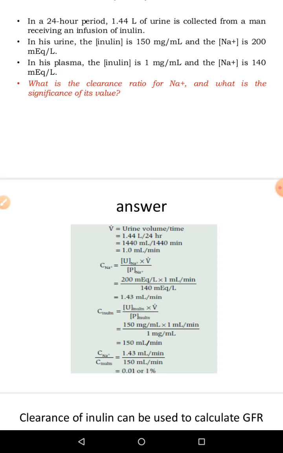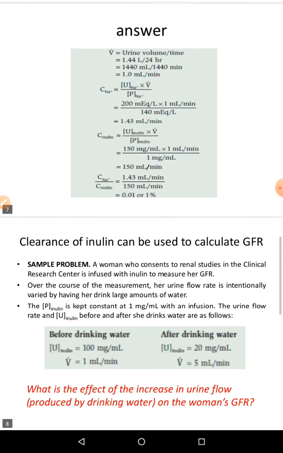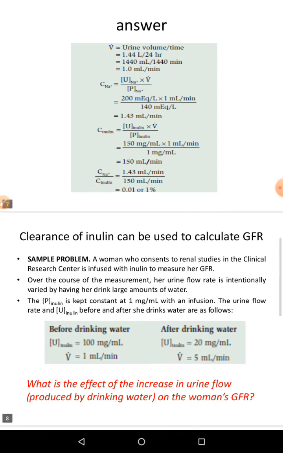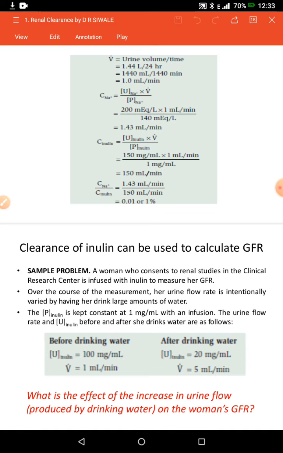Okay. Let's look at another example. This example, I want you to solve yourself using the same formula. Clearance of inulin can be used to calculate GFR, which is true. A woman who consents to renal studies in the Clinical Research Center is infused with inulin to measure GFR.